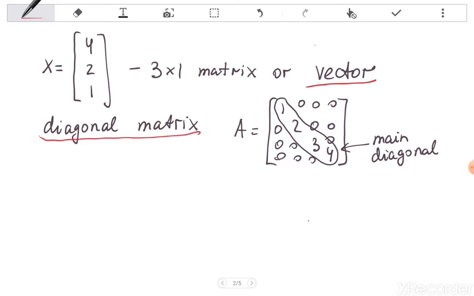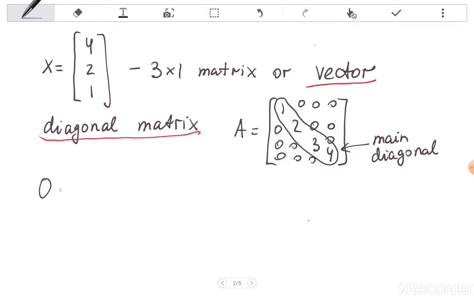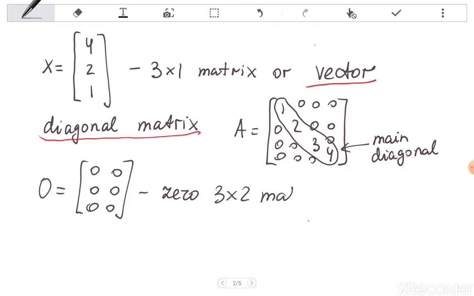And also there are some special matrices like, for example, the zero matrix. This is a matrix which consists of all zeros. Let's say this is 0, a 3 times 2 matrix. And also the identity matrix, which is only defined in the case when we have the same number of rows and columns.